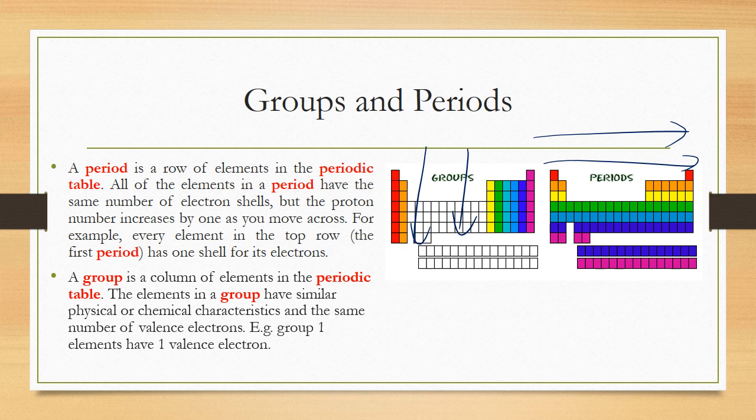For example, group 1 elements all have 1 valence electron, group 2 have 2, and so on. These are labeled group 1, group 2, group 3, group 4, group 5, group 6, group 7, and finally group 8. Then period 2, period 3, period 4, period 5, etc. as you go down.